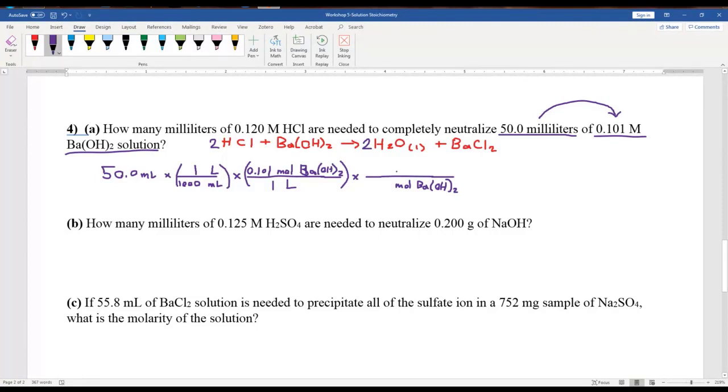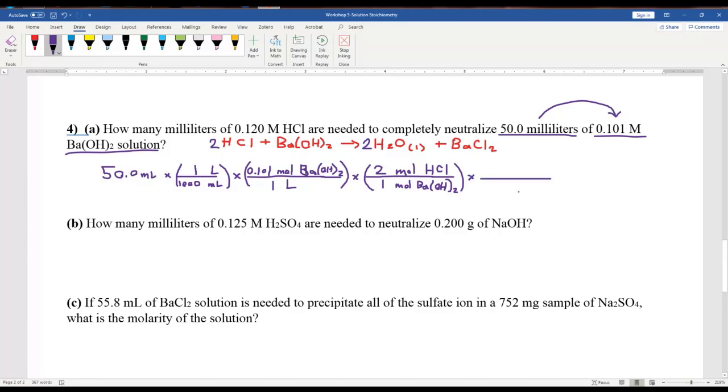How about moles of HCl? Moles of HCl. And this is where the stoichiometry part comes into it. This is solution stoichiometry because we use the balanced equation to convert from one solution to a different solution. We're using solutions, so we're using volumes and concentrations, but we're also using stoichiometry because we need to use a mole-to-mole ratio. And this mole-to-mole ratio is 2 to 1, 2 moles of HCl to 1 mole of barium hydroxide.